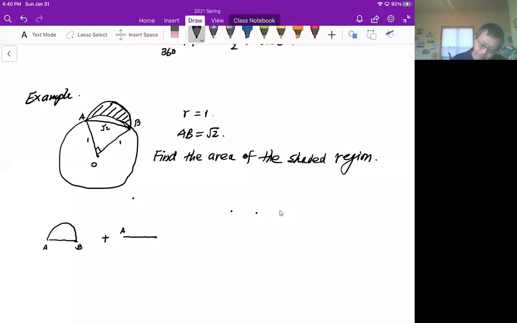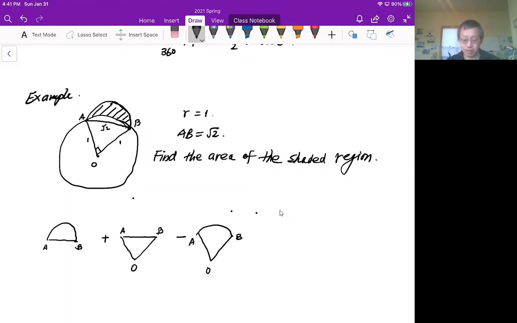This is AB, and this is the O here. So I'm going to add the two guys, so I got the whole thing. And now I'm going to subtract the sector OAB, and that will be my shaded region.